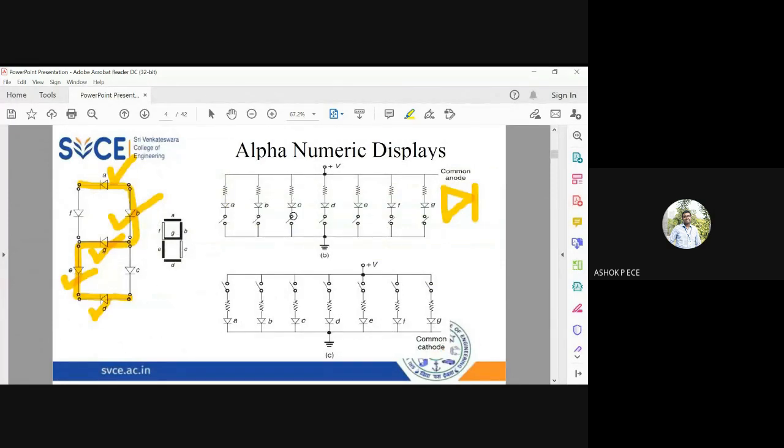So I will be keeping the connections for C and F open, while the connections A, B, D, E and G will be closed, because current will flow only through a closed path, right? I will not disturb C and F because they don't play a role in displaying the digit 2. Whether it is common cathode or common anode, C and F will not be turned on when you want to display 2.